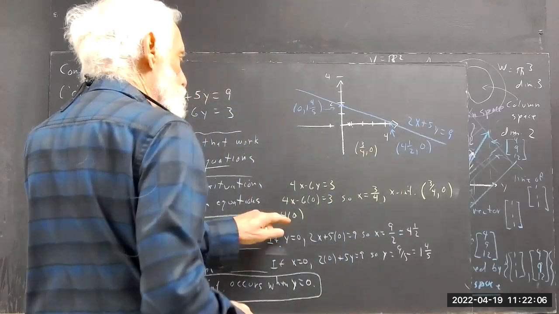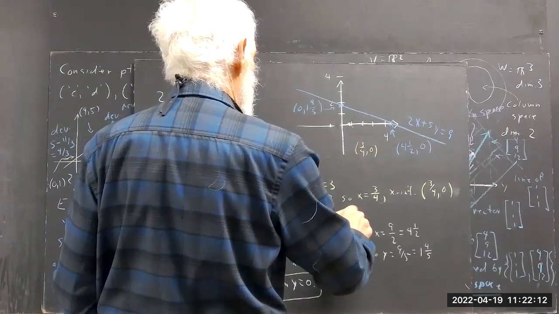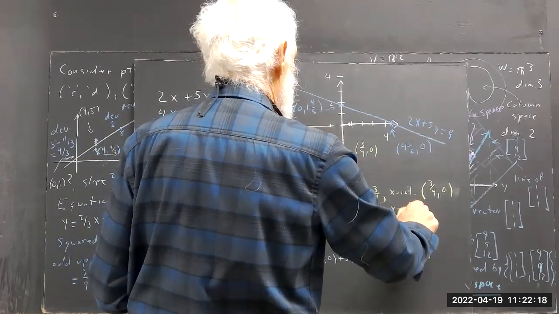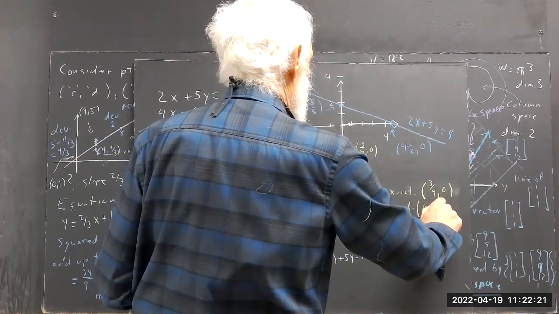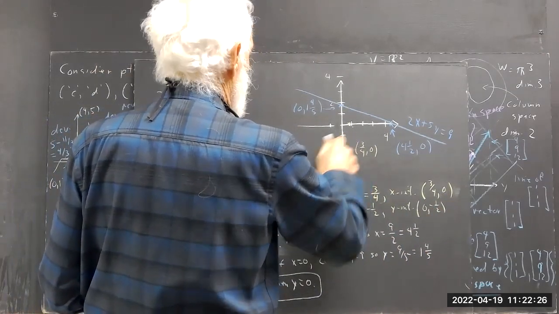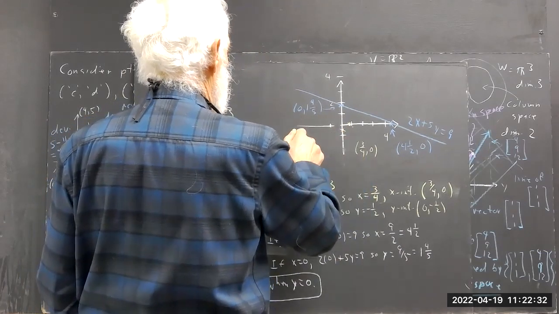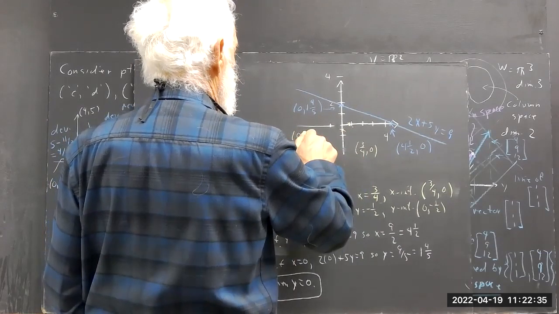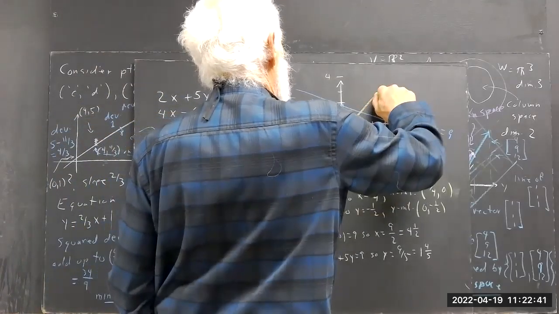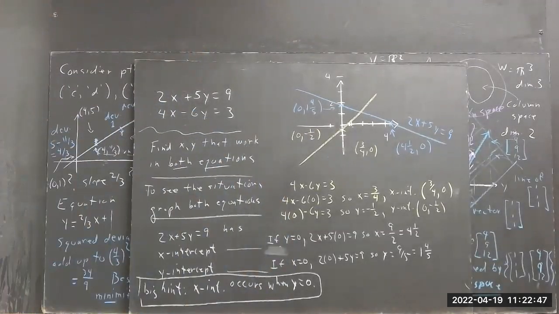And the y-intercept occurs when x equals 0. And you get the y-intercept at 0, -1/2. Well, this is -1. -1/2 is about here. And now I can draw a straight line through these points. And that's the picture I get.